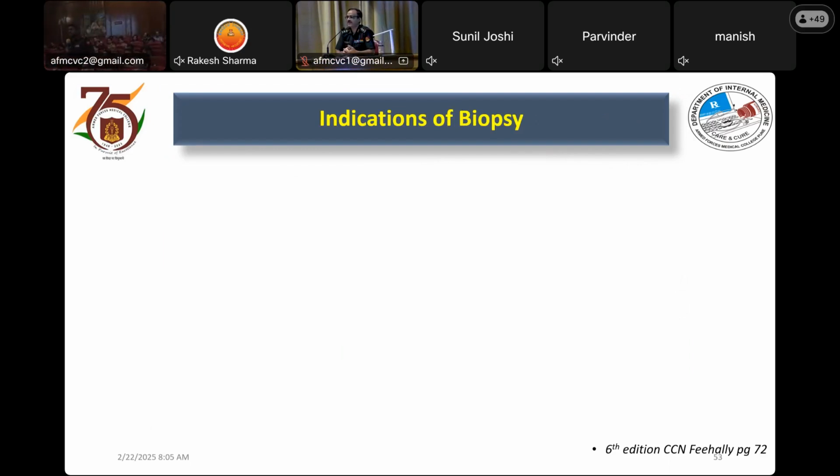In pediatric and adult age, unexplained CKD can be an indication. And in this case, a repeat biopsy can be justified since the disease is not responding to the management with steroids. So the indication is a repeat biopsy.